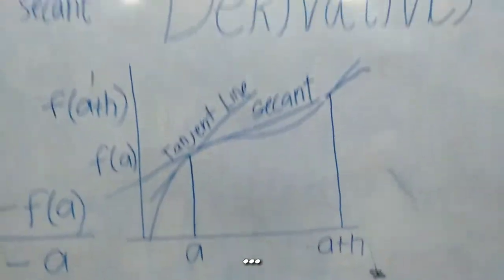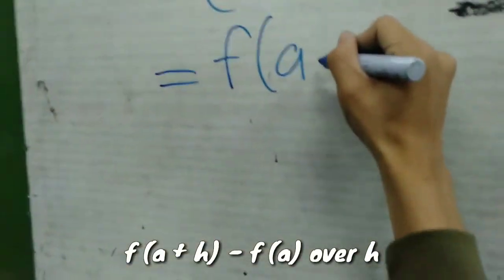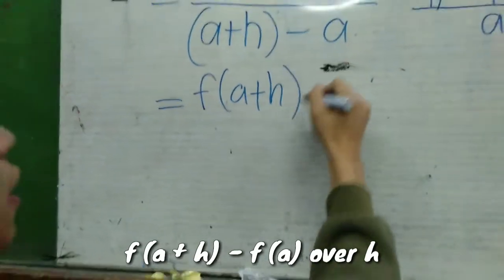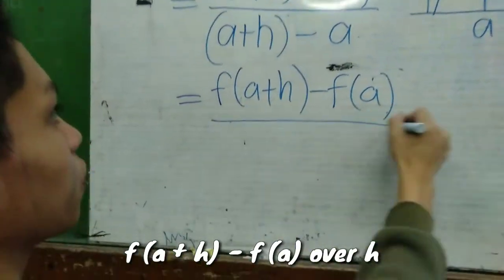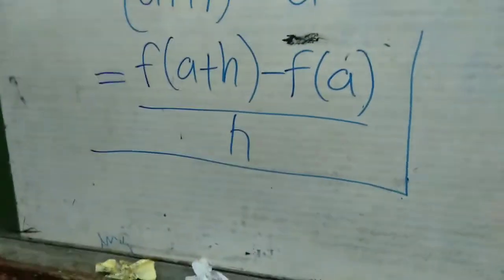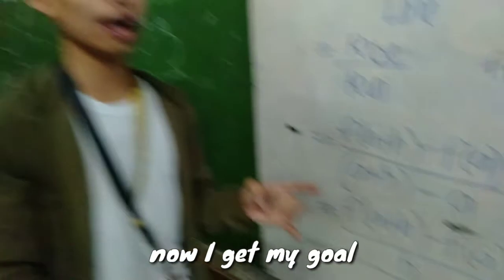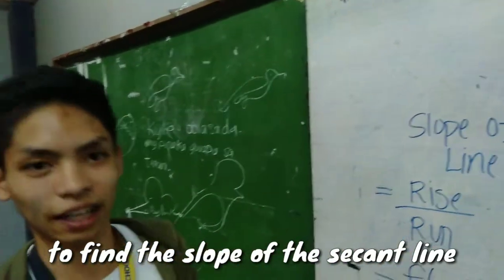So it could be f of A plus H minus f of A over H. So now I get my goal, to find the slope of the second line.